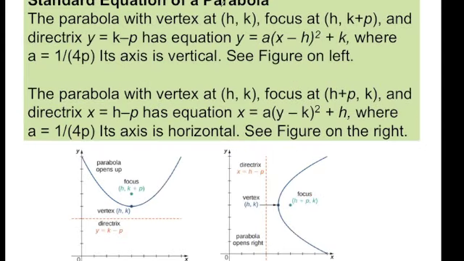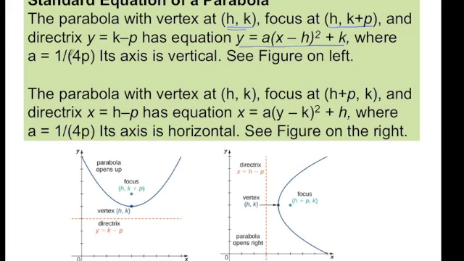Now, the standard equation for a parabola with vertex (h, k) has the focus at (h, k plus p) for one going up. The directrix is y equals k minus p, so it's going down. So here's my k minus p. Here's the vertex, focus, directrix. So the equation is y equals a times x minus h, quantity squared, plus k. That's an equation we should be familiar with for a parabola.